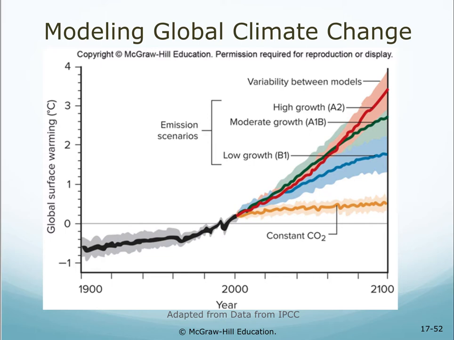Scenario A1B presumes a rapid economic growth, moderate population growth, and a balance between old and new energy sources. Scenario B1 involves moderate economic and population growth with emphasis on new technologies available to all nations.